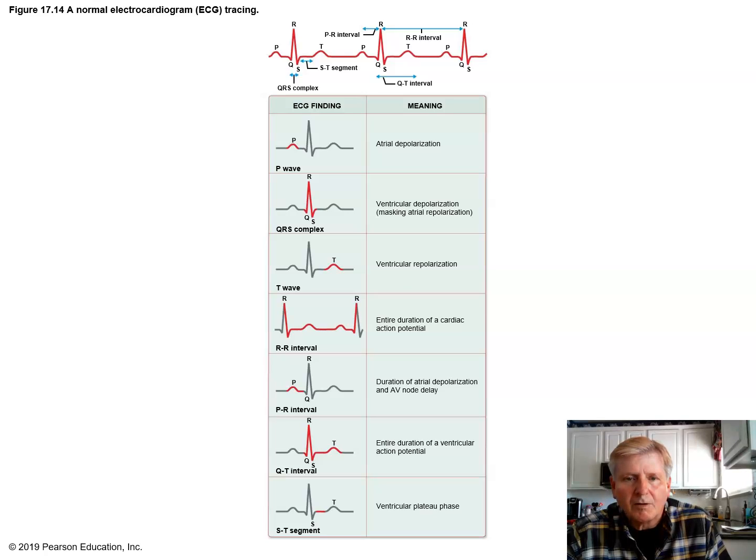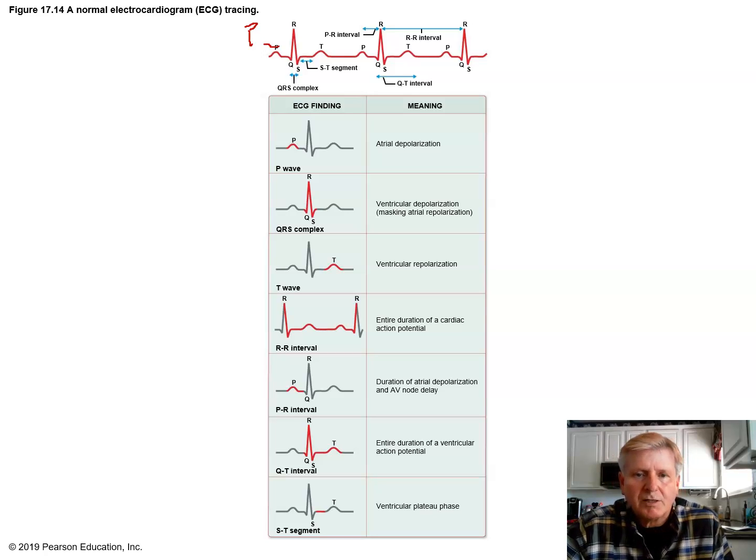Let me get my marker here. Okay, there's the P wave, right here. That's atrial depolarization. And then your QRS complex, you get one downward deflection and upward, and then another downward deflection. And that's your ventricular depolarization.